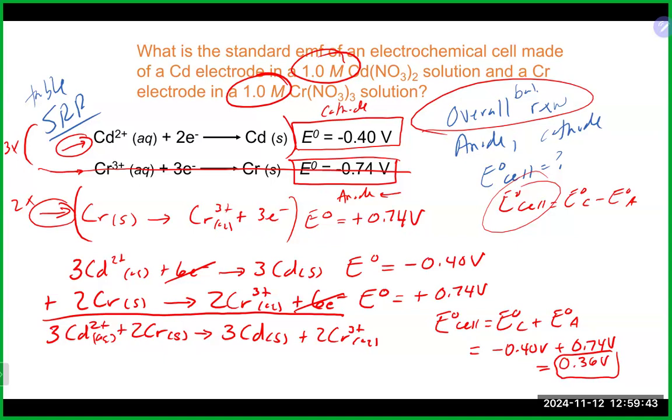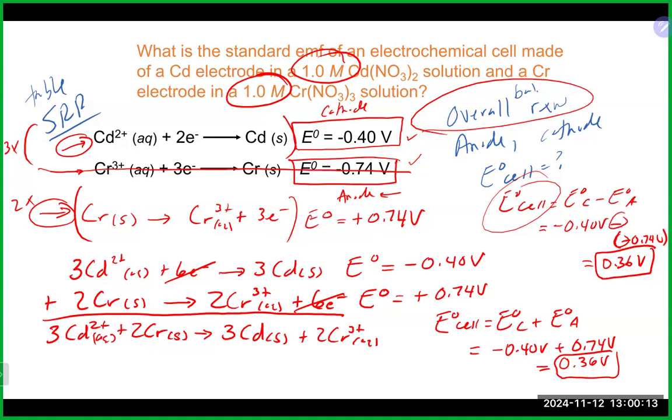Now, if this was the original question where I didn't add on all the other stuff, and it really just wanted the cell voltage, once I identified my cathode and anode, I could have gone right into the original equation with the subtraction, where I went minus 0.4 volts minus a minus 0.74 volts. Once again, that's going to change the sign for me, and it will give me my 0.36 volts.